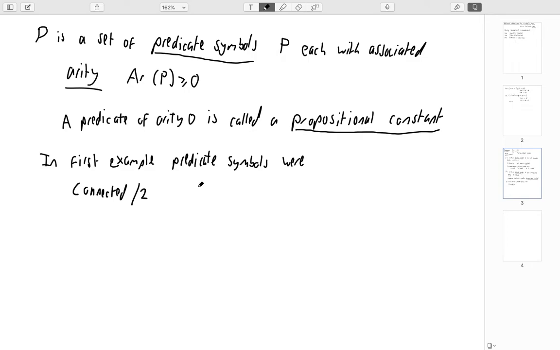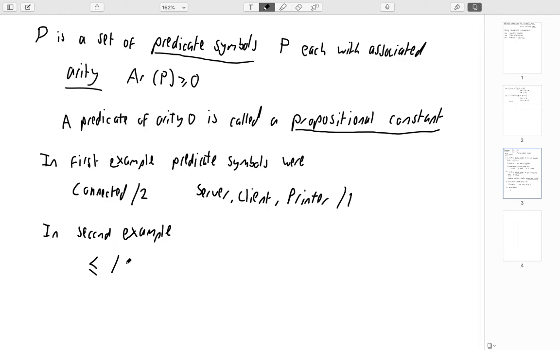And server, client, printer of arity 1. And in the second example, we had the order relation, so less than or equals, so that's again a relation of arity 2.